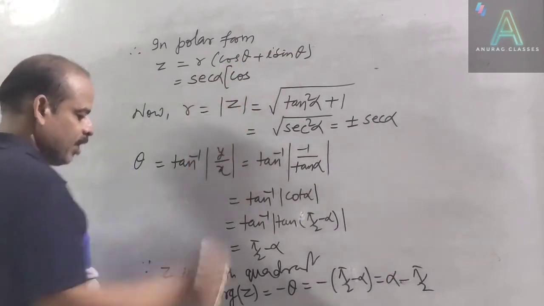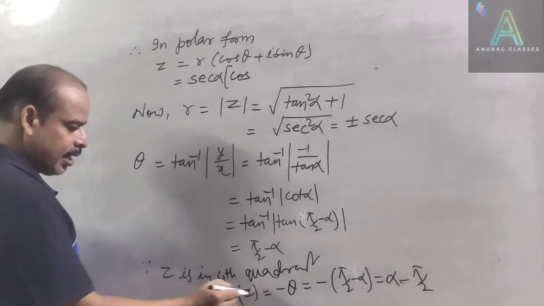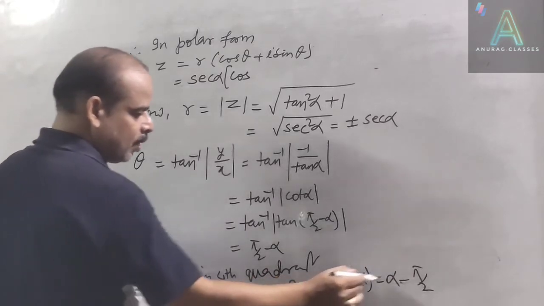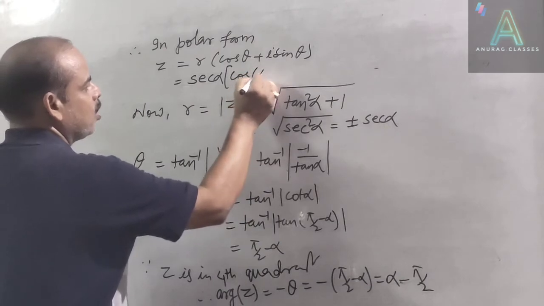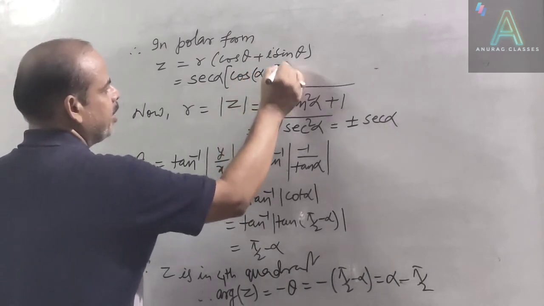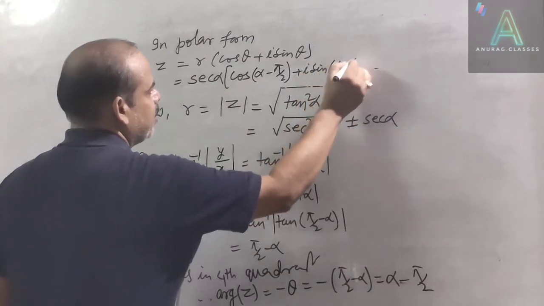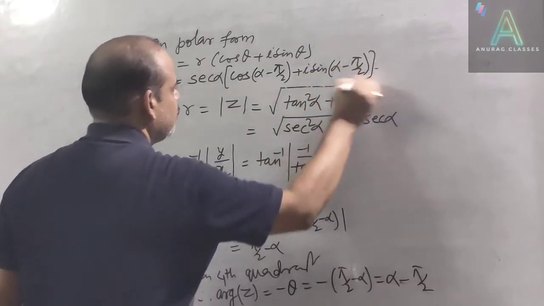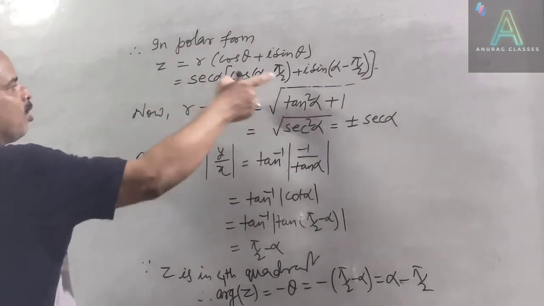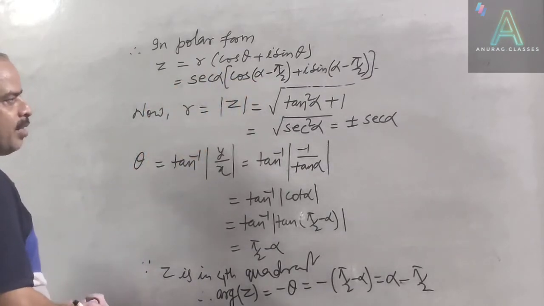Cos the value of theta, it is argument z, that is alpha minus pi by 2. So sec alpha (cos(alpha minus pi by 2) plus iota sin(alpha minus pi by 2)). So this is the value in polar form when alpha lies in first quadrant.